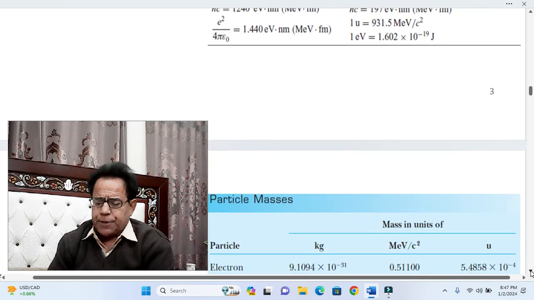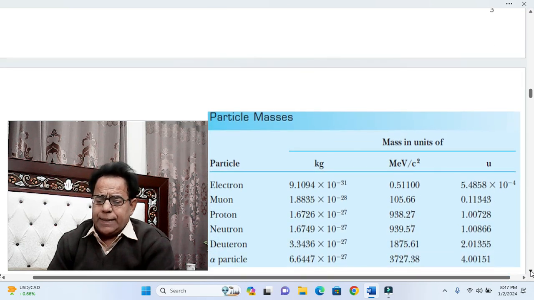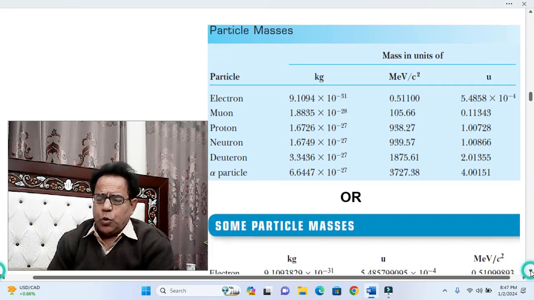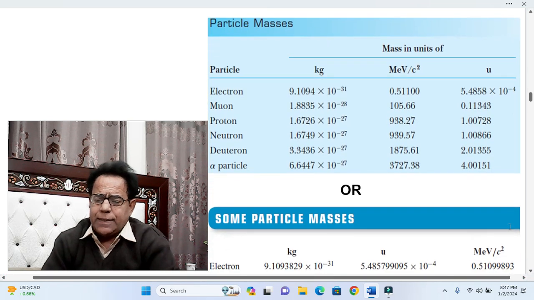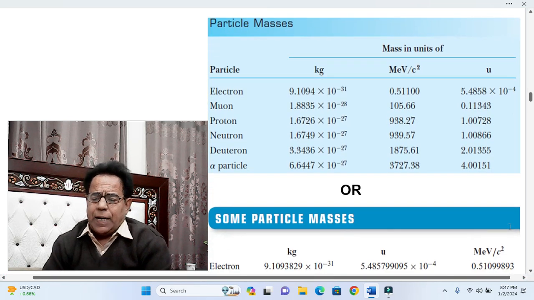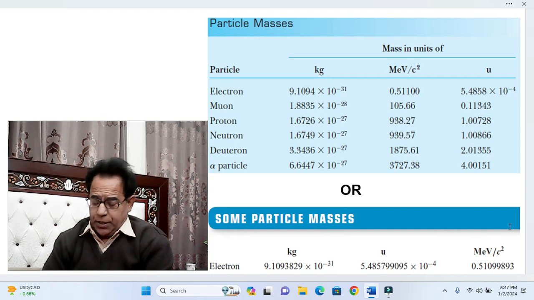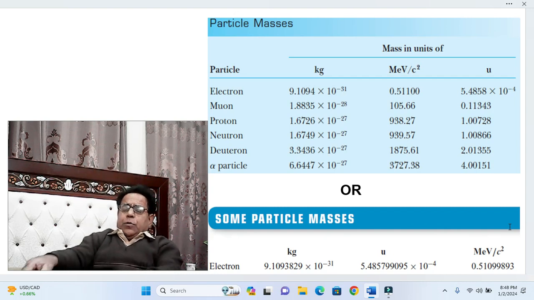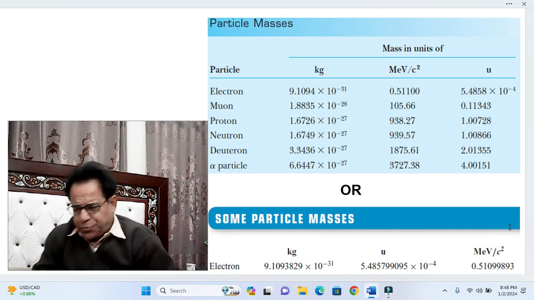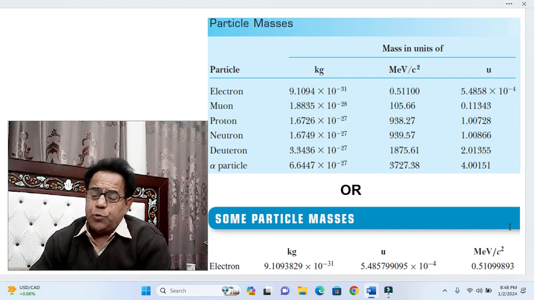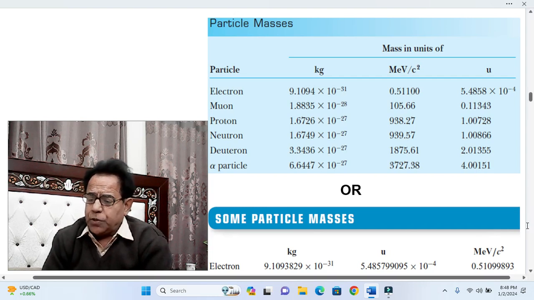The next snapshot is about particle masses. The particles whose masses are given are electron, muon, proton, neutron, deuteron, alpha particle. Helium nucleus or alpha particle is one and the same thing. In this table their masses are given not only in kilogram but also in atomic mass unit.